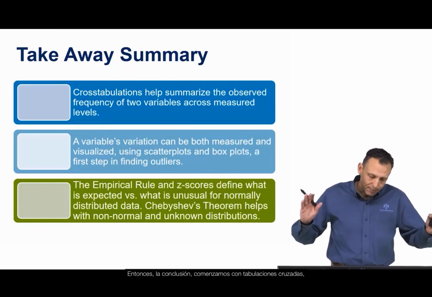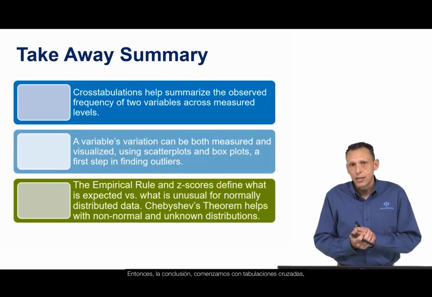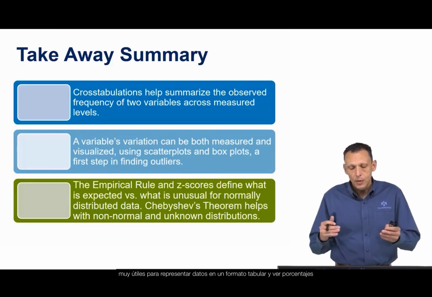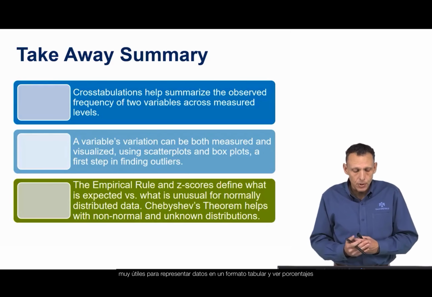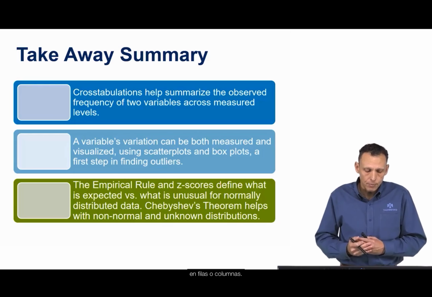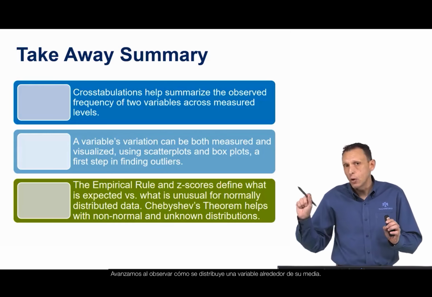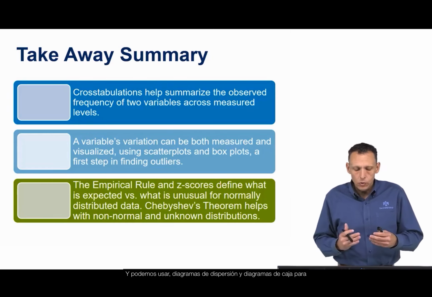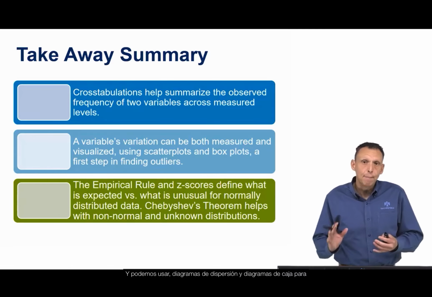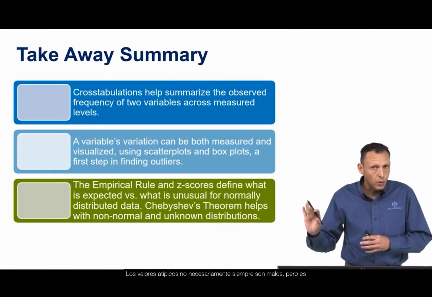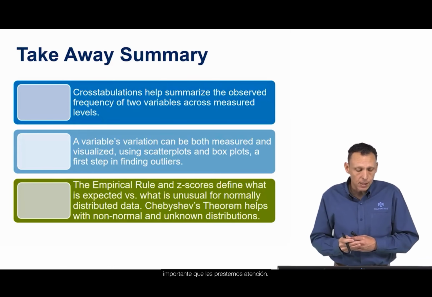So the takeaway. We started with cross tabulations. It's very helpful for representing data in a tabular format and looking at percentages either in rows or columns. We advanced that by looking at how a variable is distributed around its mean, and we can use both scatter plots and box plots to start to detect outliers. Outliers are not necessarily always bad, but important for us to pay attention to.